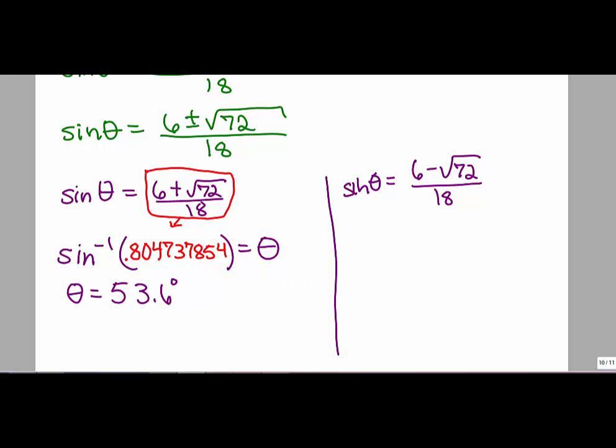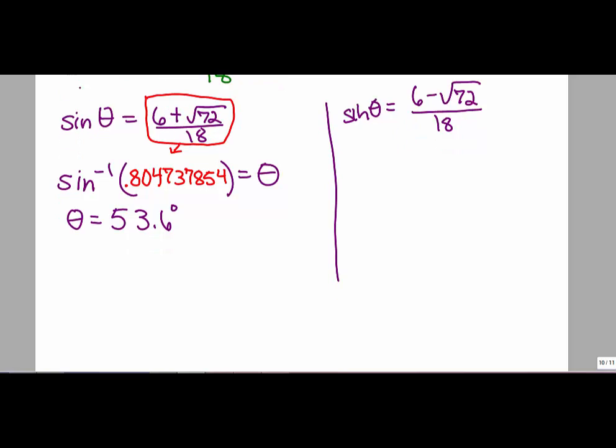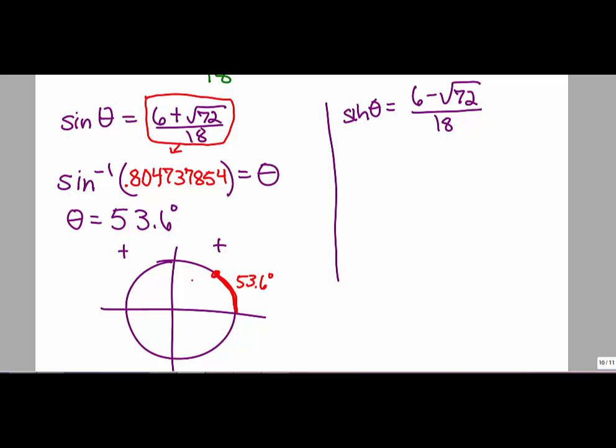Now that is a positive sine value that we got from using that quadratic formula. And in our unit circle, we know that sine is positive in two locations. Not only 53.6 in quadrant 1, but also we want to use that as our reference angle. So the distance from the x-axis to this point, 53.6, we're going to use that same distance and go into quadrant 2 that exact same amount.